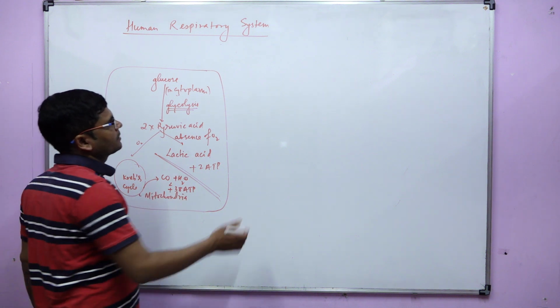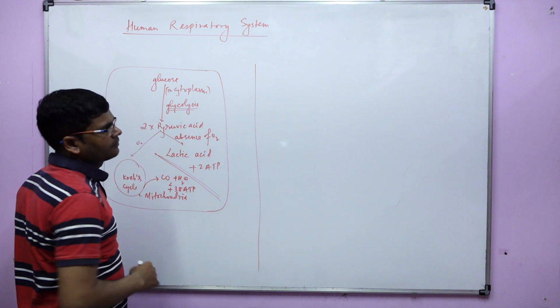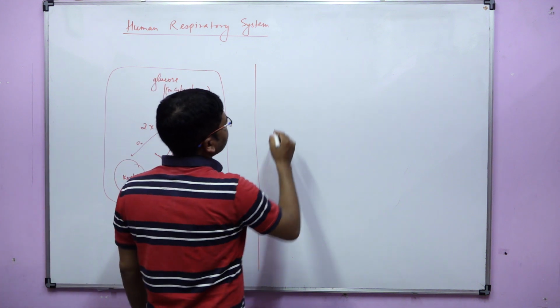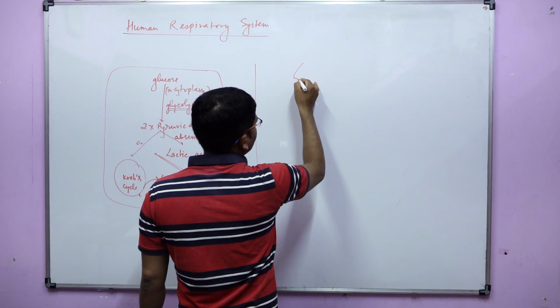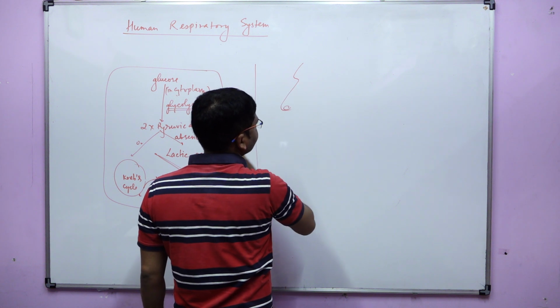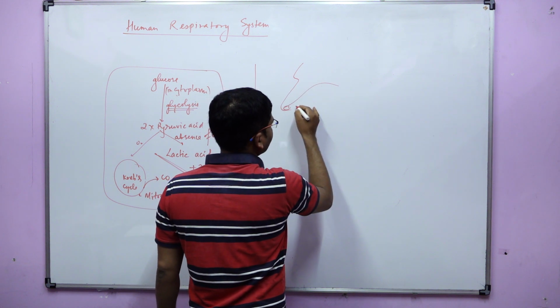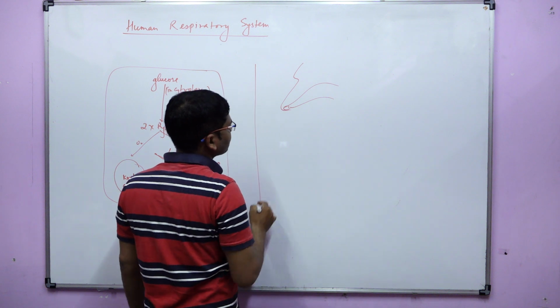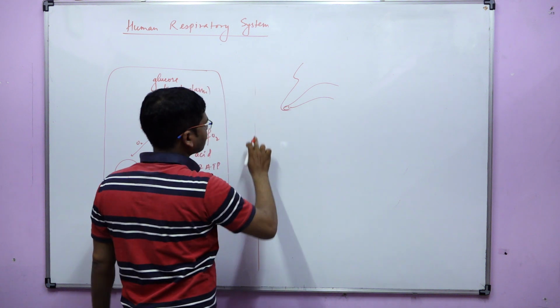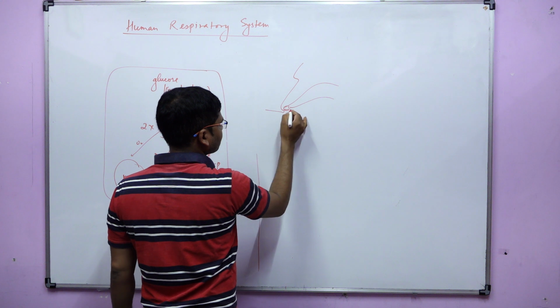About the human respiratory system, we will draw the basic diagram. Let us say this is our nostril, through which we inhale air.